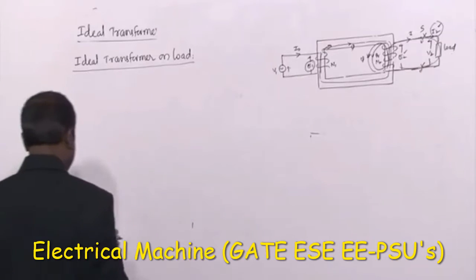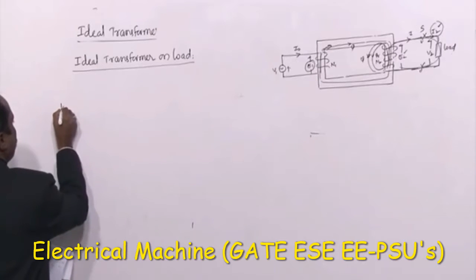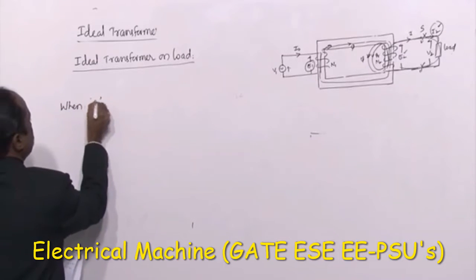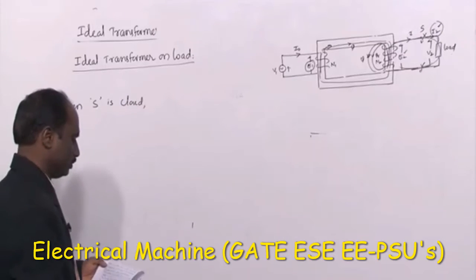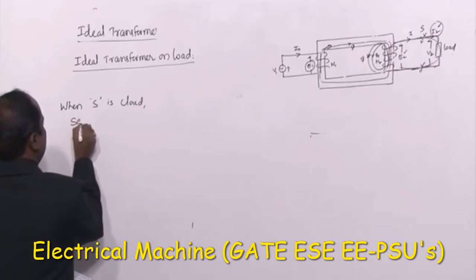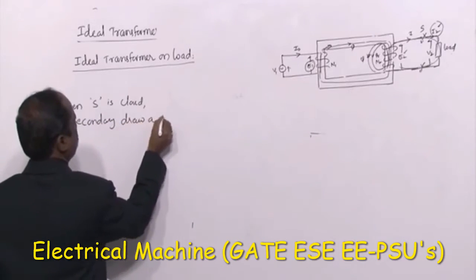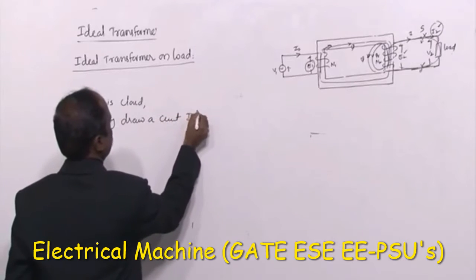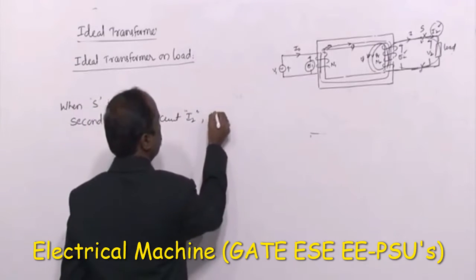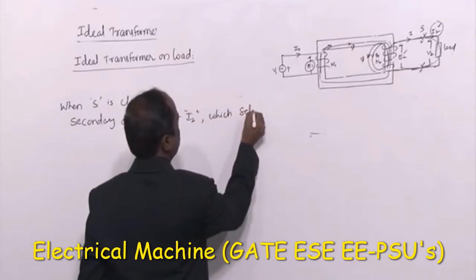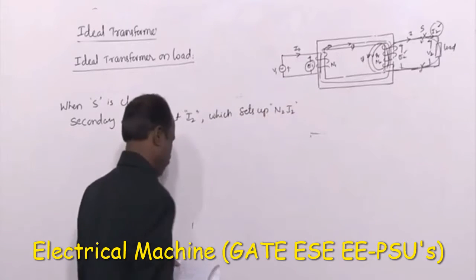When an ideal transformer is on load, when S is closed, S is nothing but a switch, the secondary draws a current I2, which sets up N2 I2 as MMF.